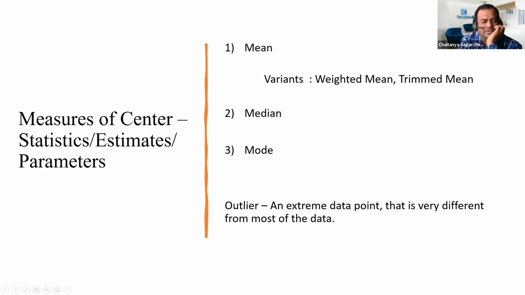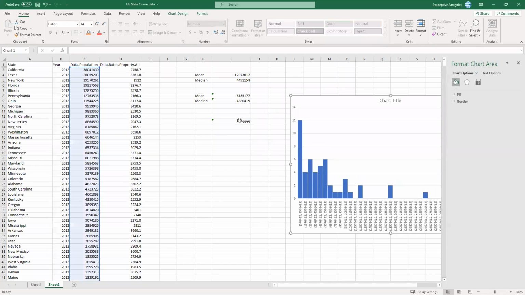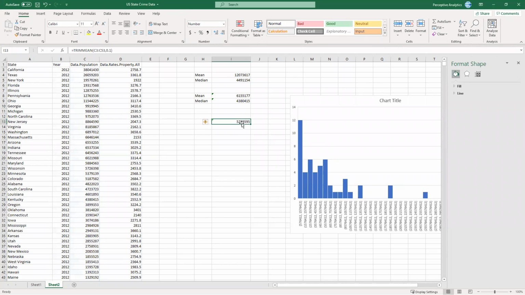Jagdish, a quick question. As you use trimmed mean and you put that parameter close to, let's say, 0.45, then the trimmed mean will sort of tend towards the median, right? Is that correct? Right. So it's not like it's tending towards the median.